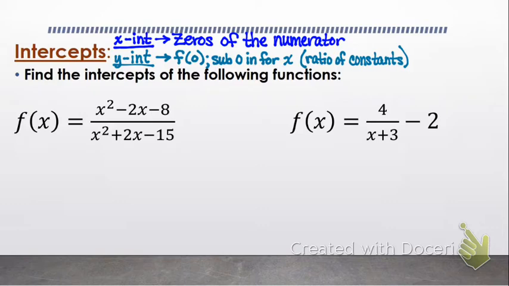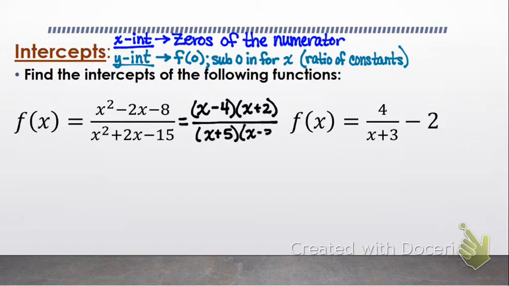So let's look at this first example here on the left. When I factor this in my numerator, I'm going to get x minus 4 and x plus 2. I can factor the denominator. We don't necessarily have to, but that would be x plus 5 and x minus 3.